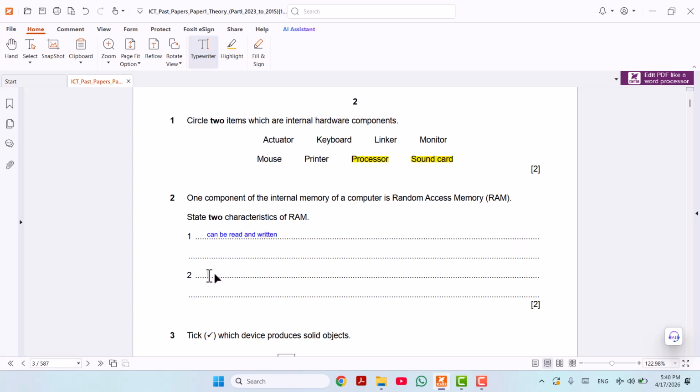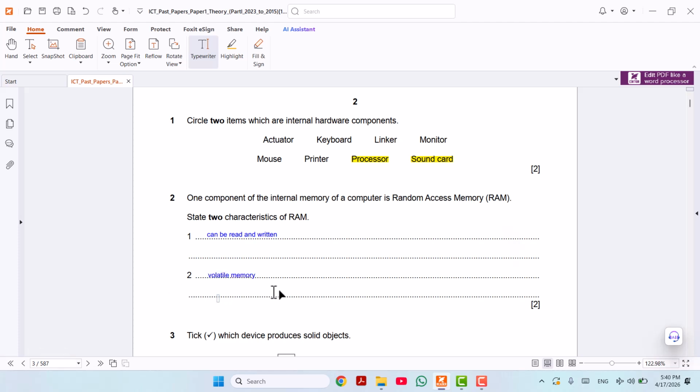Number 2, RAM is volatile memory because it loses data when you shut down or turn off the electricity, but ROM is non-volatile. So we can write here volatile memory.